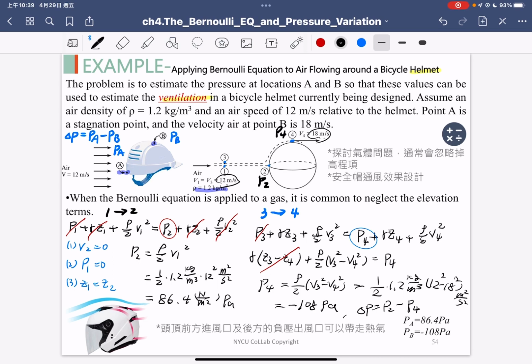So this is our final delta P. And when we design the helmet, we look at how large the delta P we have. And then it will influence the price of the helmet, because of the different efficiency for the ventilation. Okay, for the ventilation problems.